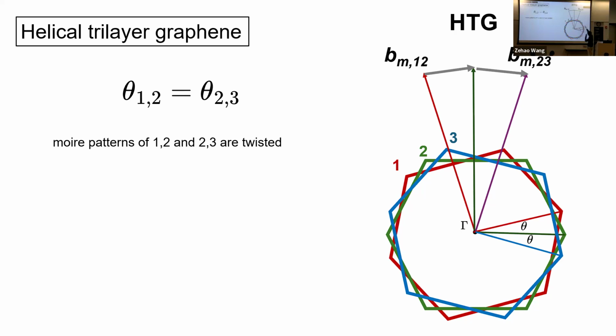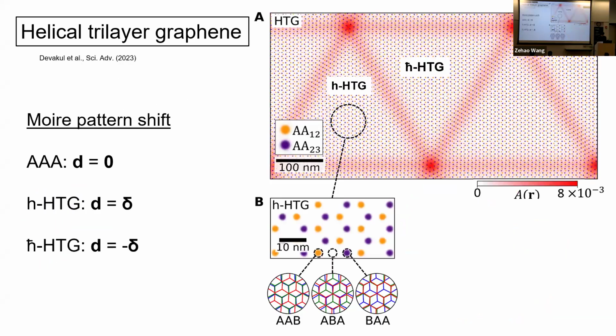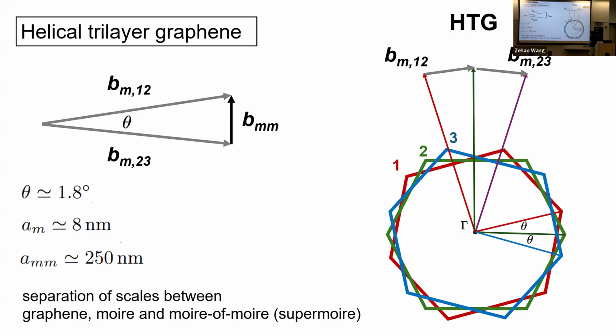But then if you consider layers 2 and 3, you get a different vector, b moiré 2,3. And these 2 moiré vectors are themselves slightly misaligned, right? So basically what you realize is that you get a moiré of moiré pattern or super moiré pattern, which is set by the distance between these 2 moiré vectors.